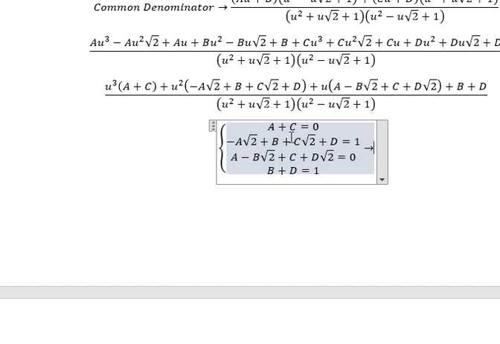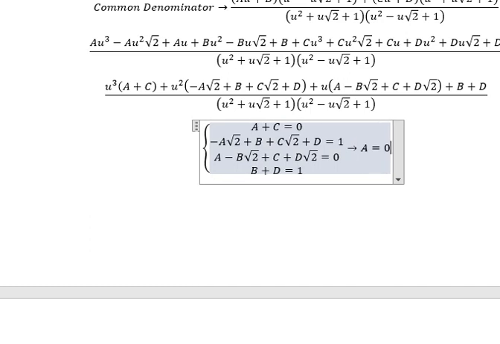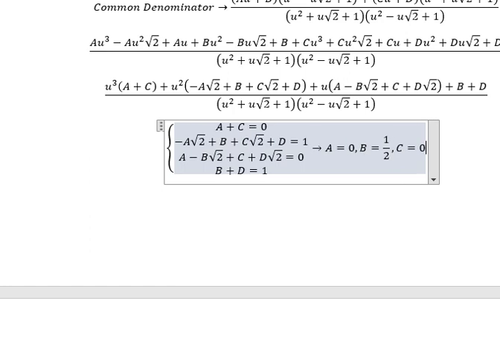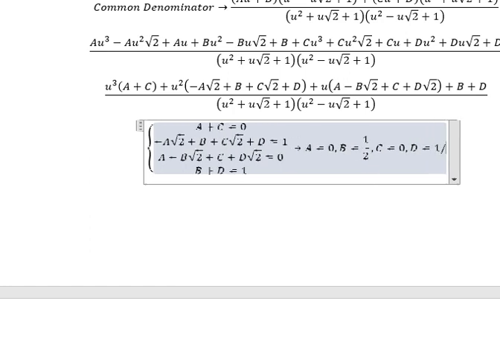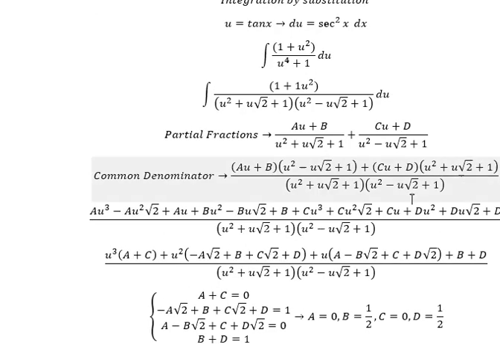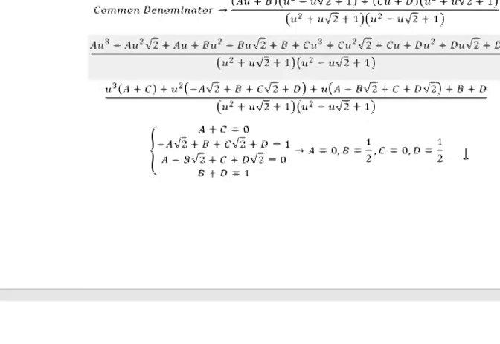Now we need to find the solutions of A, B, C, D. So A equals 0, B equals 1 over 2, C equals 0, D equals 1 over 2. So we put A, B, C, D go back in here.